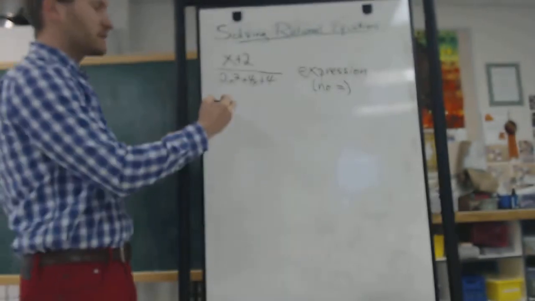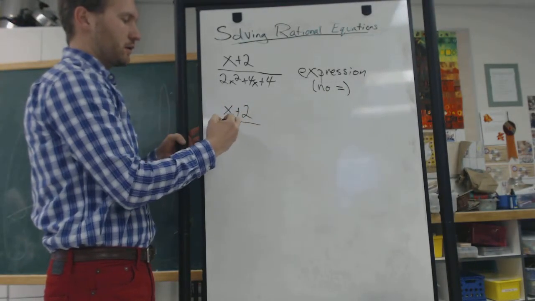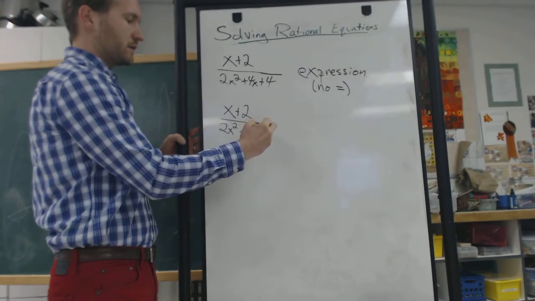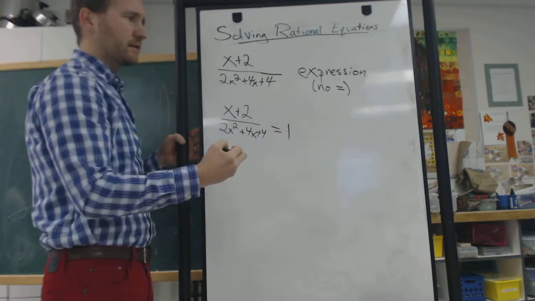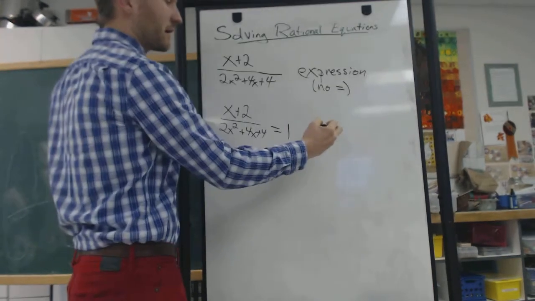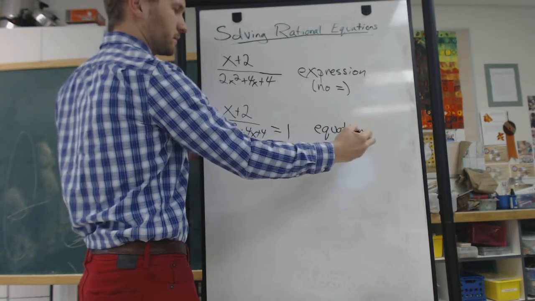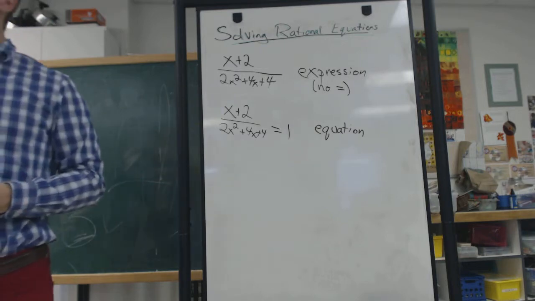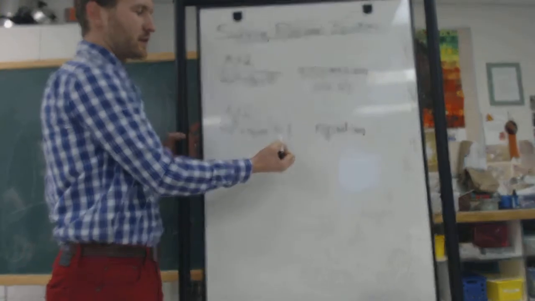An equation is more like this. x plus 2 over 2x squared plus 4x plus 4 equals 1. This now becomes an equation. Right? So the difference between an equation and an expression is the equal sign.